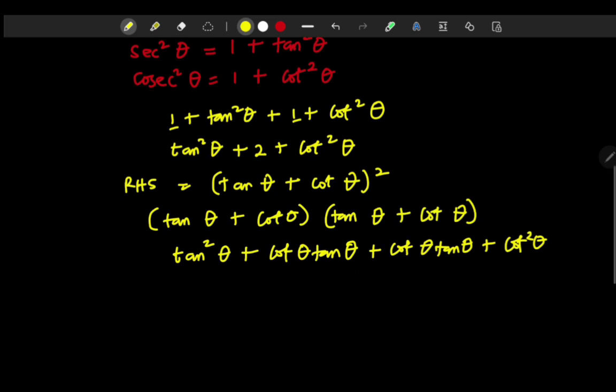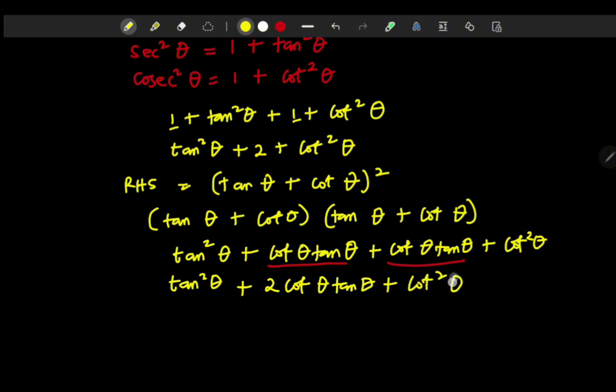So we're going to have tan squared theta plus 2 cot theta tan theta. That's this 2 here, we're going to add this to this plus this. Then plus cot squared theta.